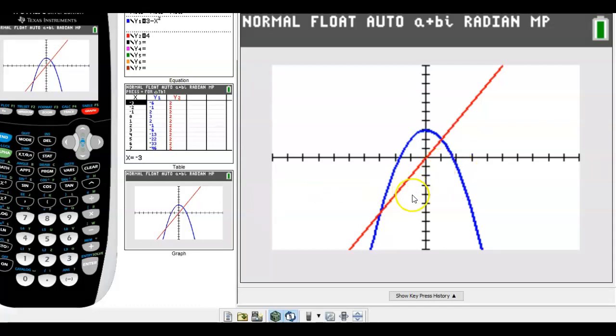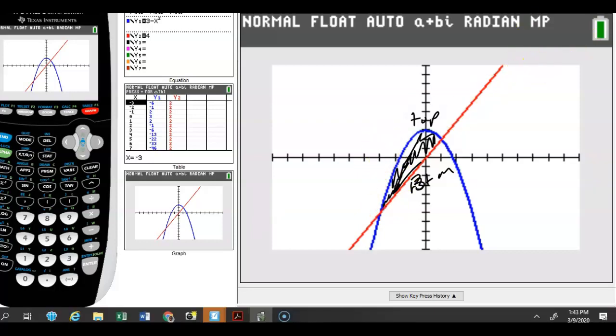So now, where's the top? The red or the blue? The blue's the top, the red's the bottom. All right. And there's our region right there. So that's the shaded region you look at.